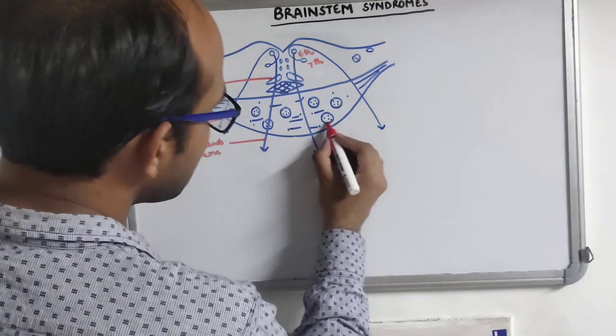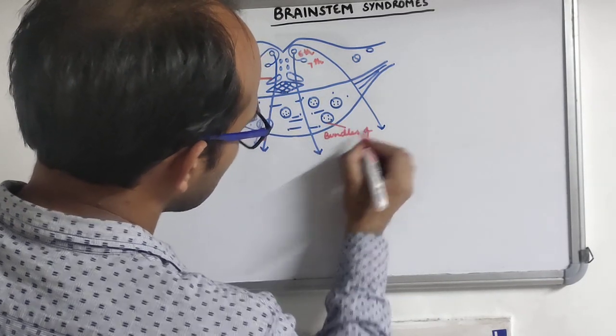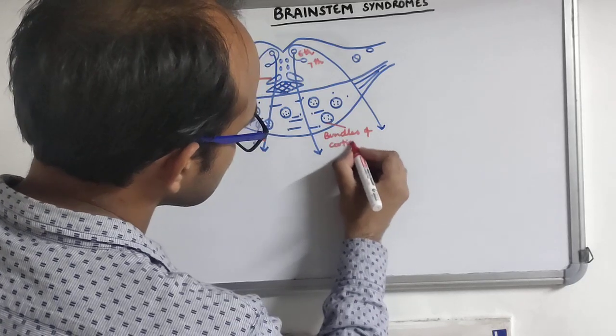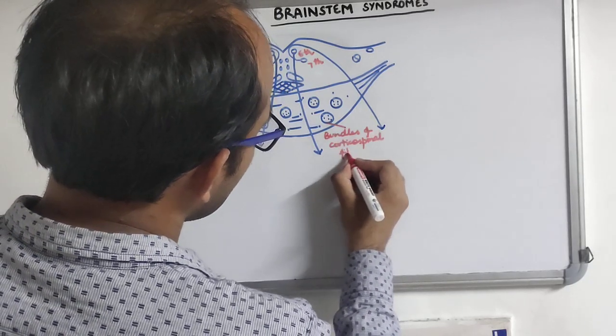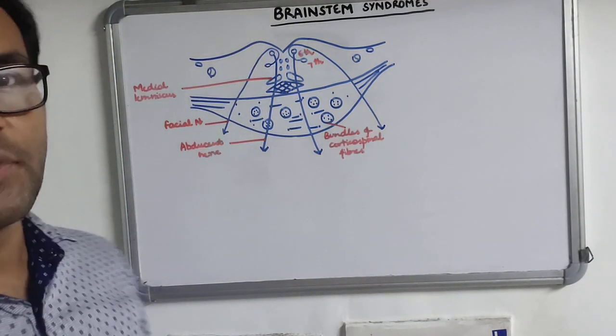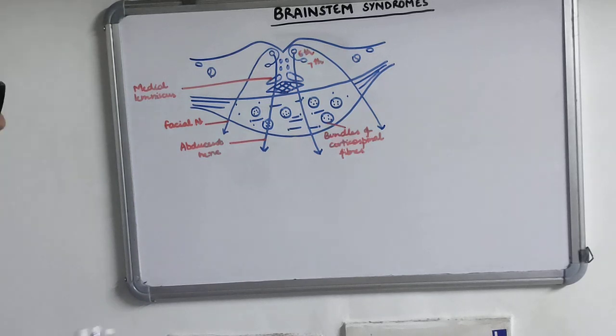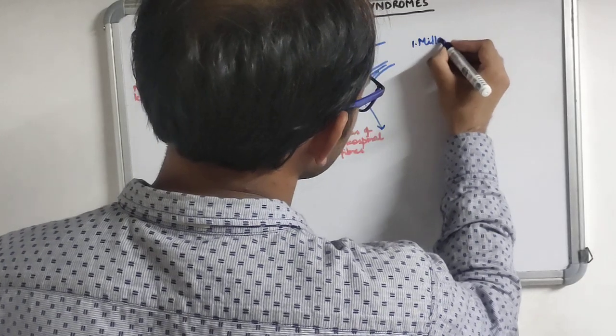And these are the bundles of corticospinal and corticonuclear fibers. So there are two important syndromes when we talk about the pons. First one is Millard-Gubler syndrome.